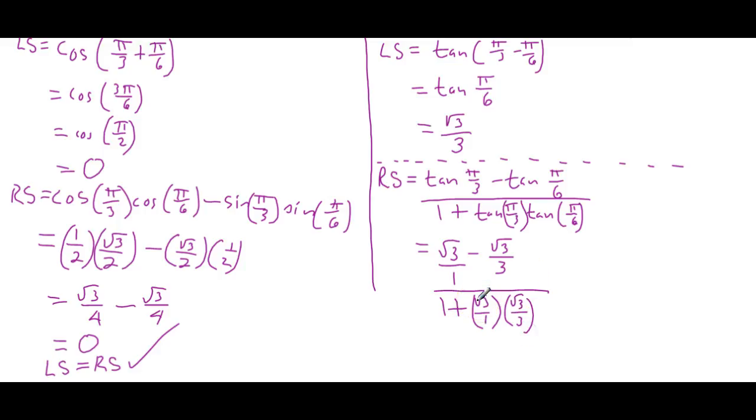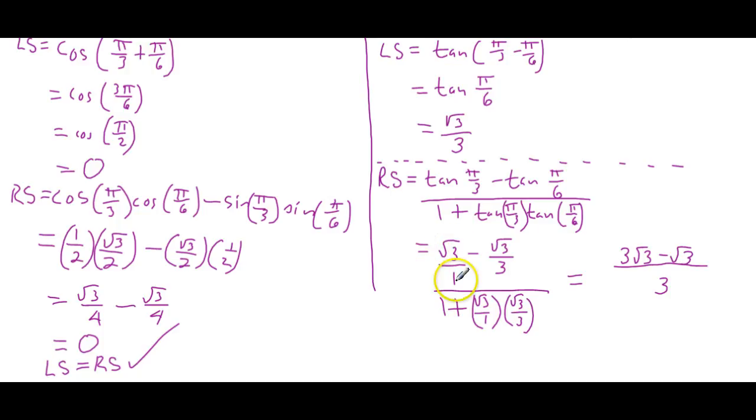And so I'm just going to go sideways here so that I've got more room. Common denominator up top is 3. So this needs a 3. So the numerator will be 3 root 3 minus root 3. So you see this is root 3 over 3. That's what we've got here.